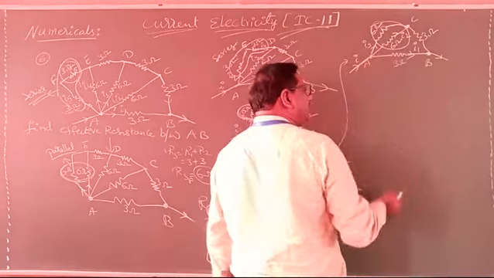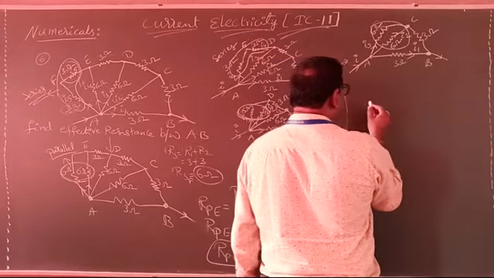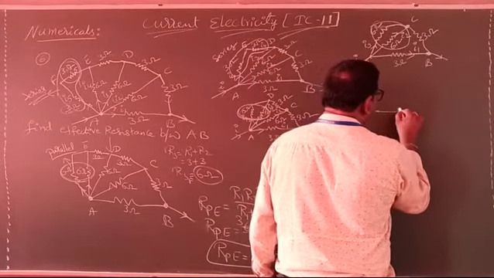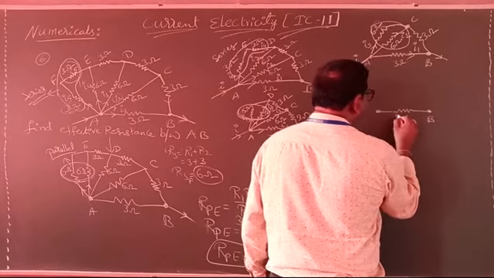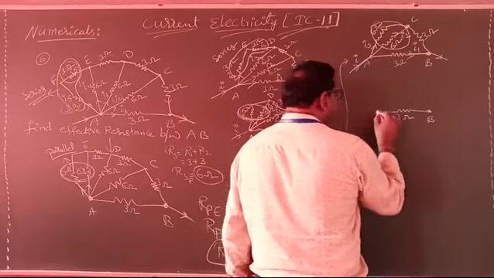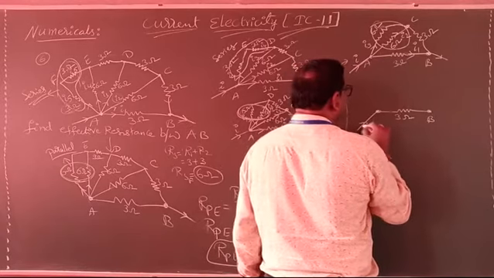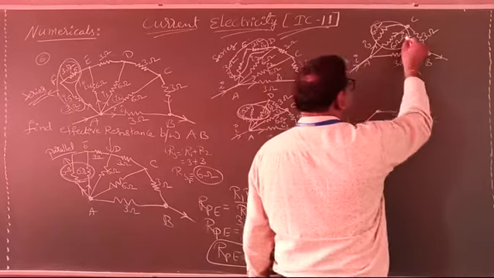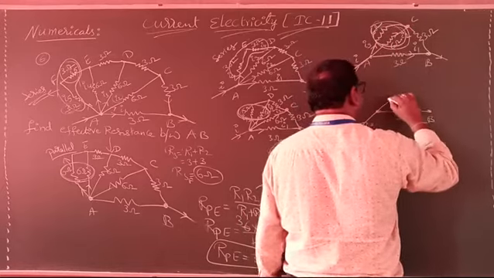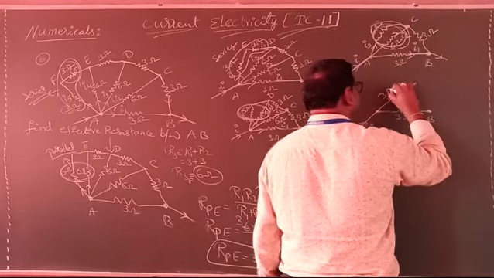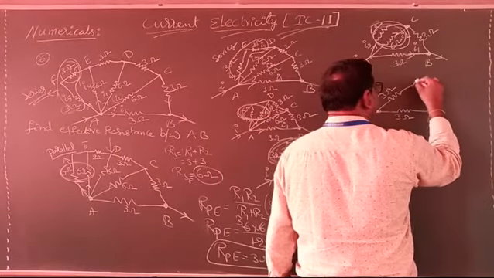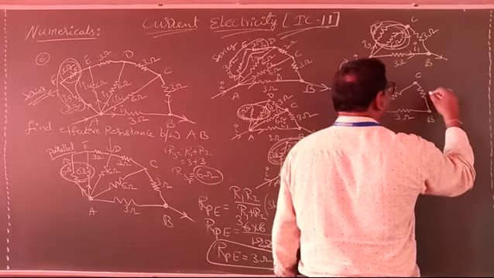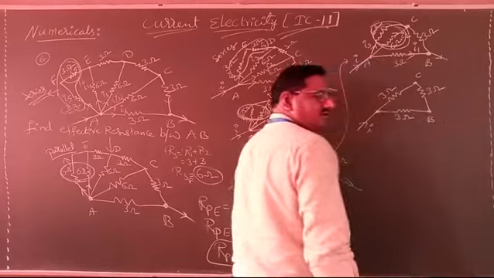So how do you write the effective? The next circuit will be, this is A and B. In between A and B we have 3 ohms. Now from A point I will pass the current. These effective will become 3 ohms up to C point. Now from C to B it is also 3 ohms.